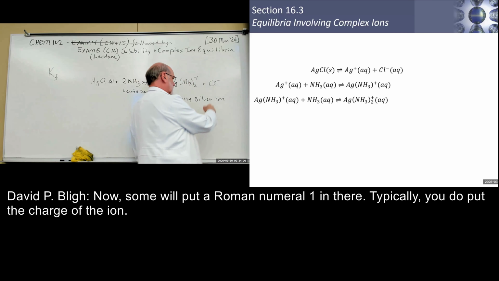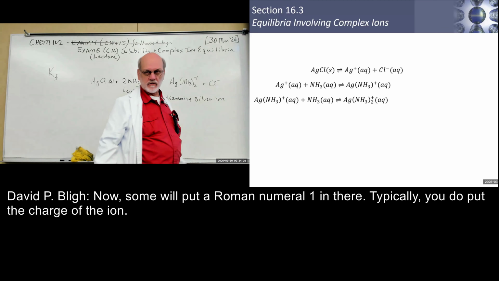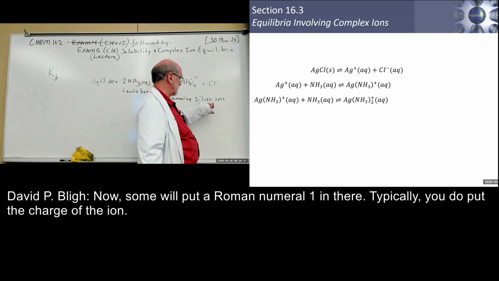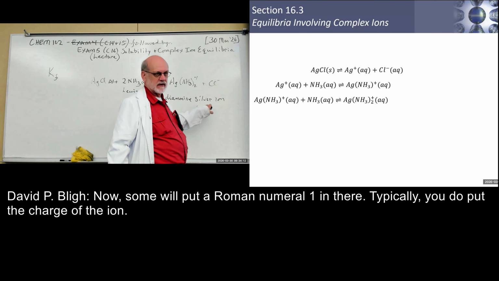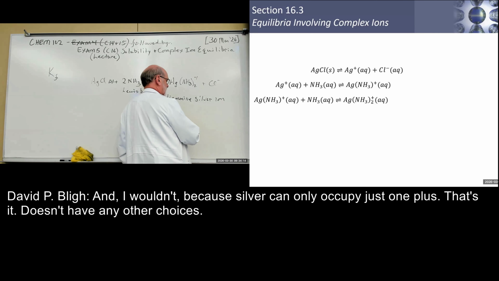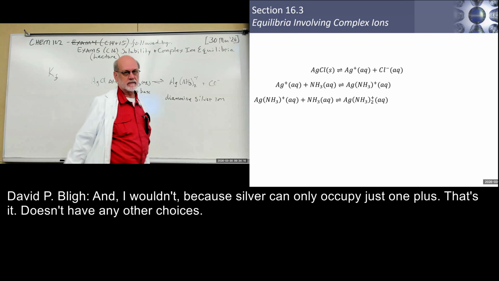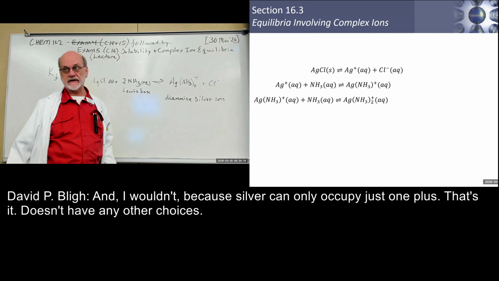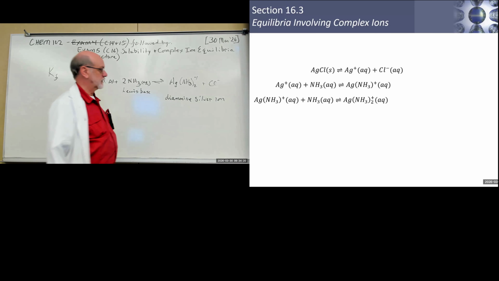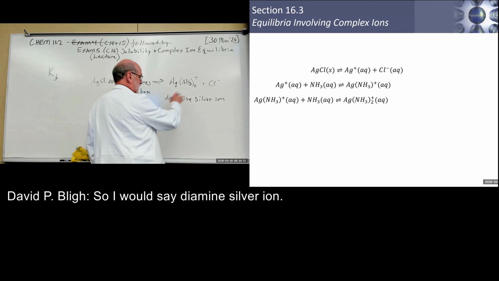Now some will put a Roman numeral 1 in there. You typically do put the charge of the ion, and I wouldn't, because silver can only occupy just 1 plus. That's it. Doesn't have any other choices. So I would say diamine silver ion.